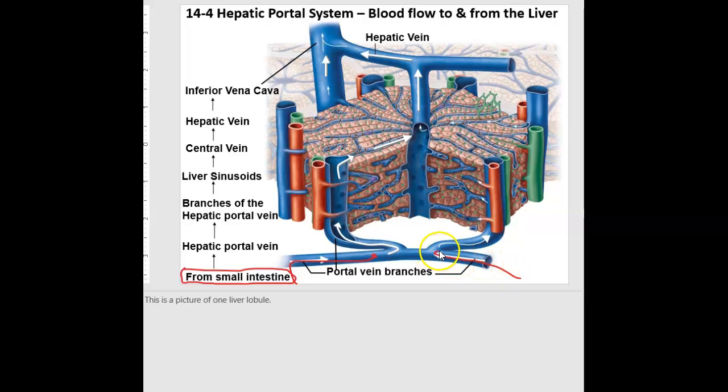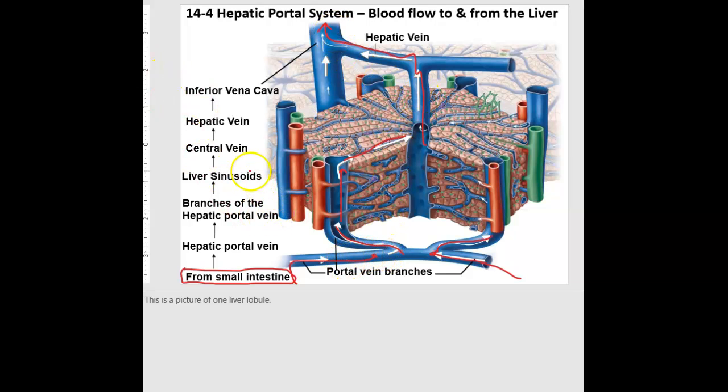And these branches of the hepatic portal vein then branch off further to surround the outside of a lobule. So the blood is flowing in this direction, and it enters the sinusoids, and then a central vein, and then the hepatic vein joins up with the inferior vena cava to return to the heart.